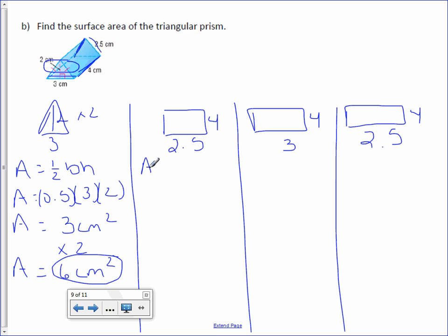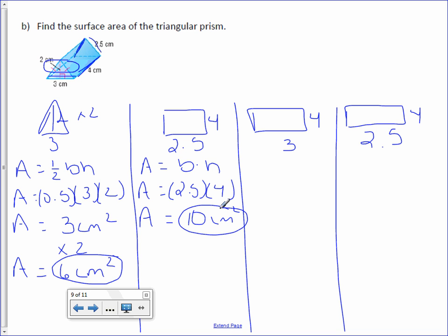Rectangles, area equals base times height. Area equals 2.5 times 4. Area equals 10 centimeters squared. Next, area equals base times height.